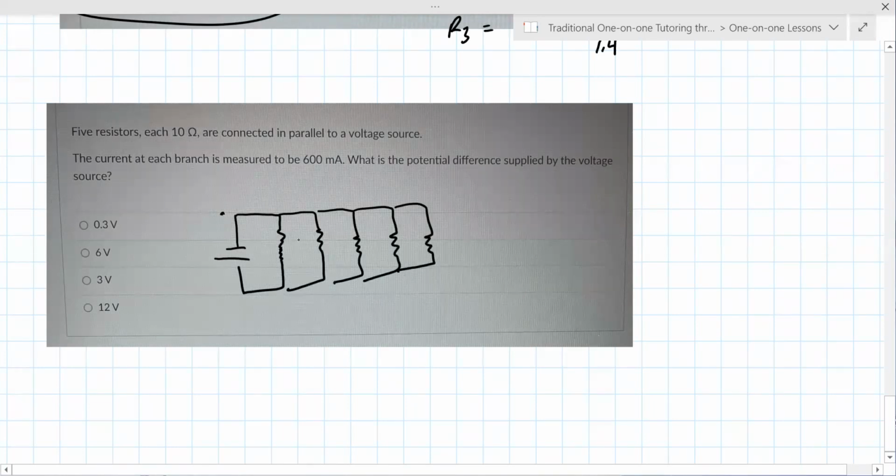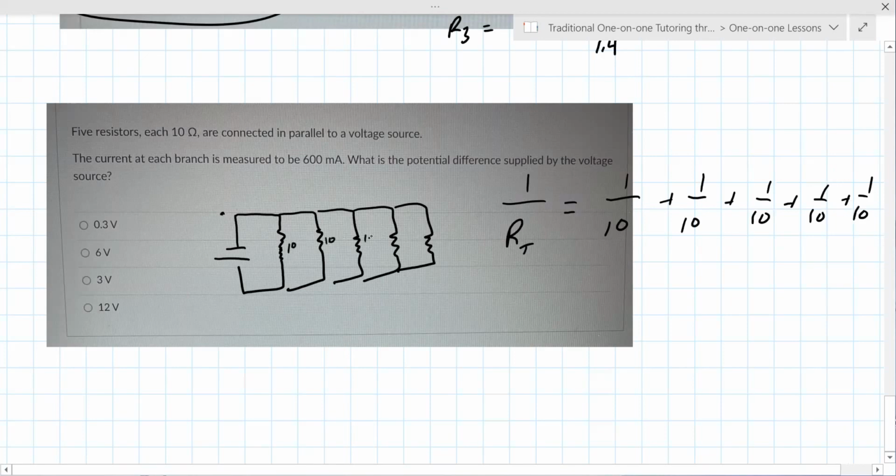If they're 10 ohms each, 1 over the resistance total is 1 over 10 plus 1 over 10 plus 1 over 10, and so on for each of the 5. All those add up to 5 over 10, or 1/2. And so your resistance total is 2 ohms.